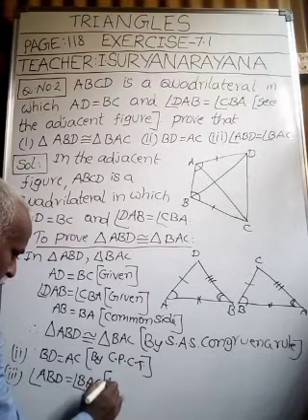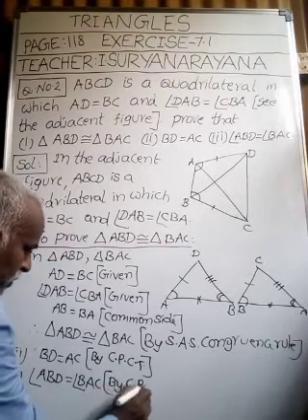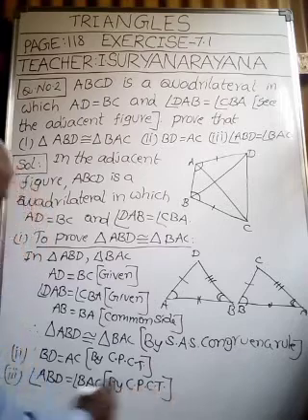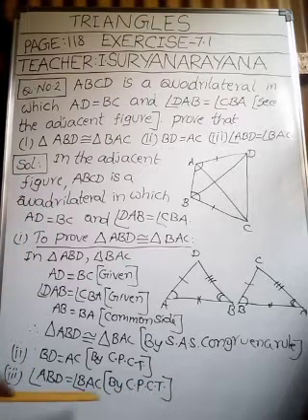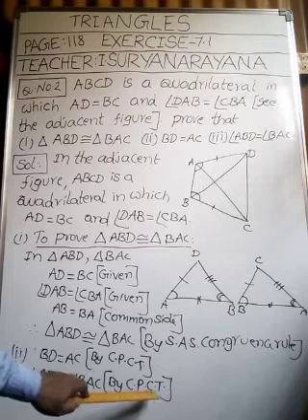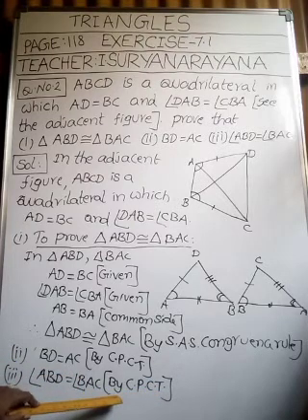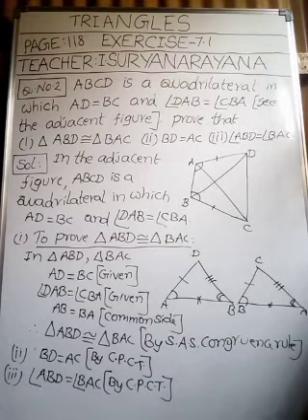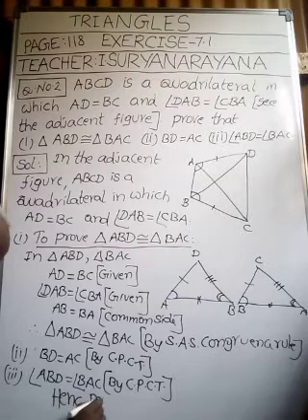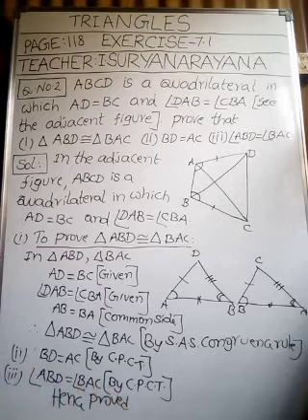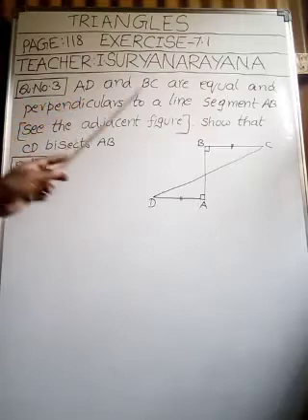This is also by CPCT. This step is also written by corresponding parts of congruent triangles. Understood, my children? Hence proved. Finally, we write hence proved. So, the three parts of the question were proved here. Understood, my children? Right.